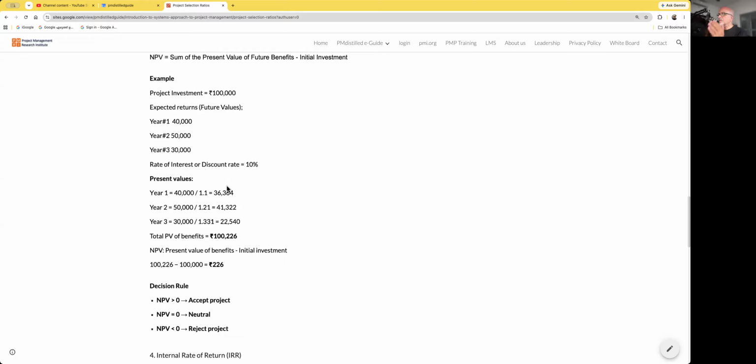So you convert all the future cash flows into present value. And the total present value of benefits is this much, 1,00,226. So NPV is the sum of the present value of all future cash flows, that is 1,00,226 minus 1 lakh, that is 226.